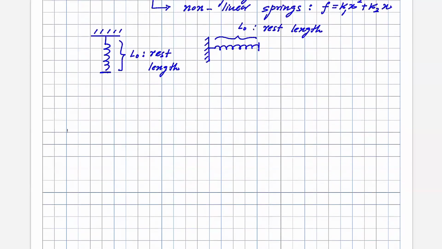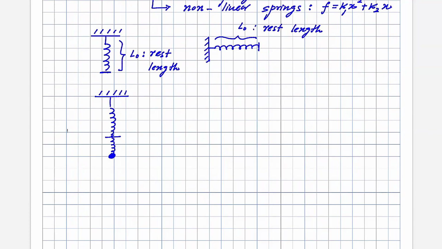Then what I'm going to do, for this vertical system, I'm going to attach a ball. So there will be a small stretch due to the weight of that ball. Right? Now think about an elastic band. When you attach something, it goes down a little bit, right?